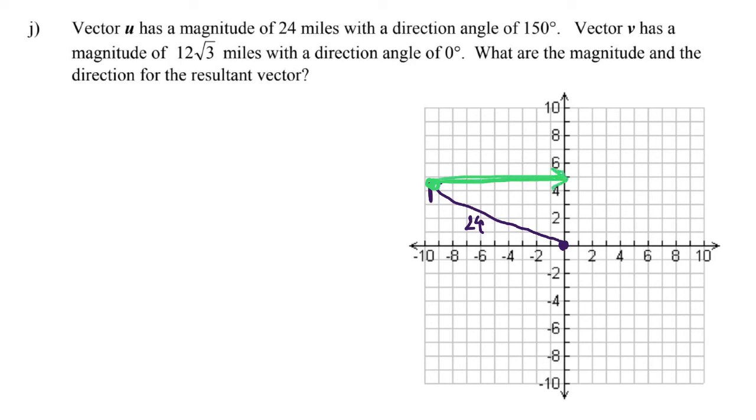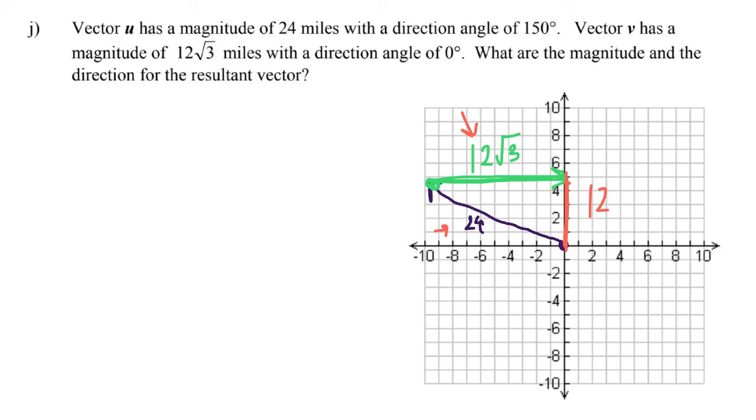So we have this weirdness going on. And we said that was 12 root 3. So if we remember our characteristics of our special right triangles, if that was 12 root 3 and this is 24, then this side right here probably has to be 12.